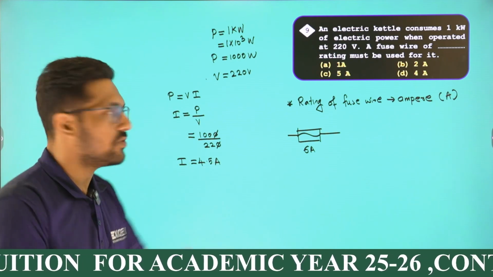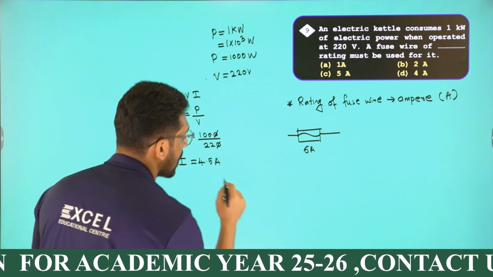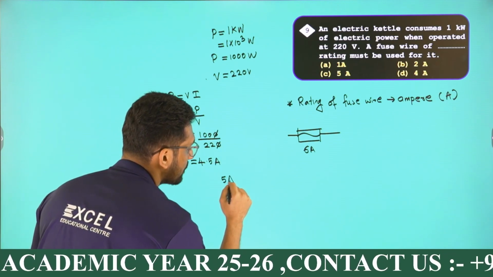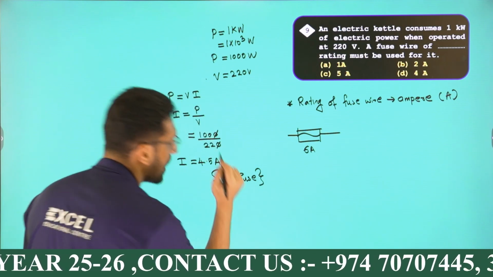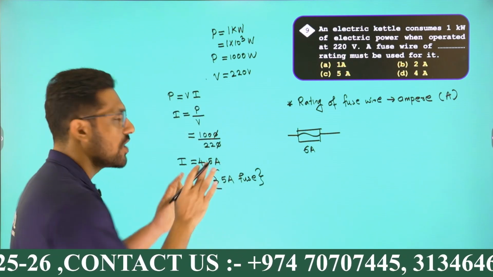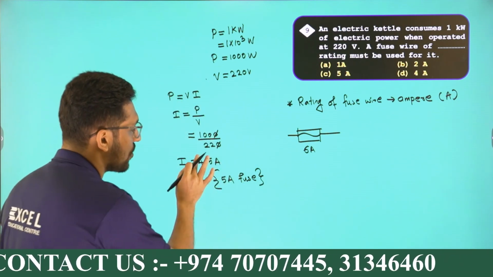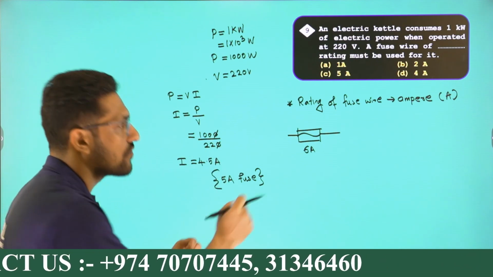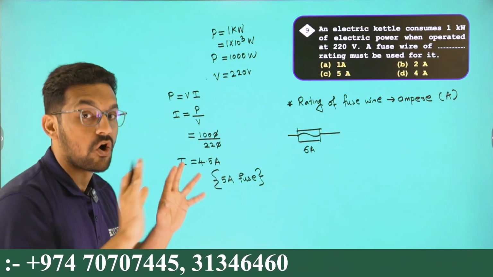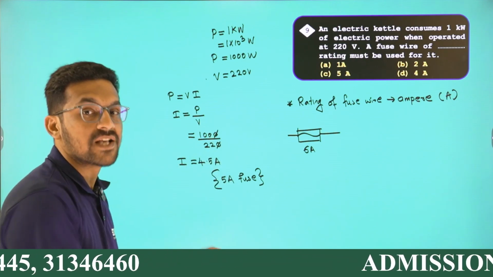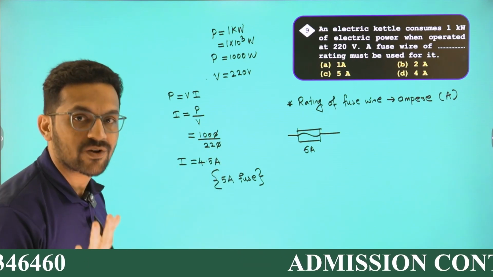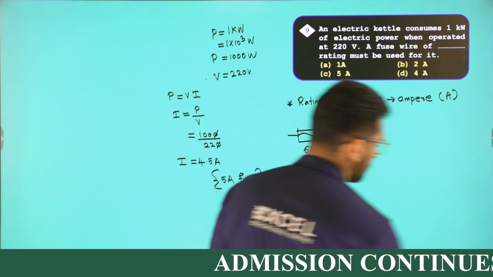That means you may have to use a 5 ampere fuse, then it will hold. When a current of 4.5 ampere is drawn from the mains, the fuse will hold it. When a larger current, more than 5 ampere, comes, it will melt. Is that okay? Okay, let's see the next one.